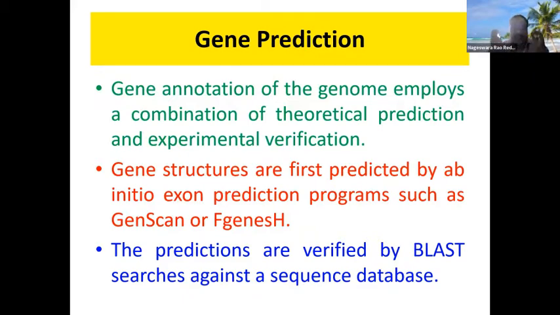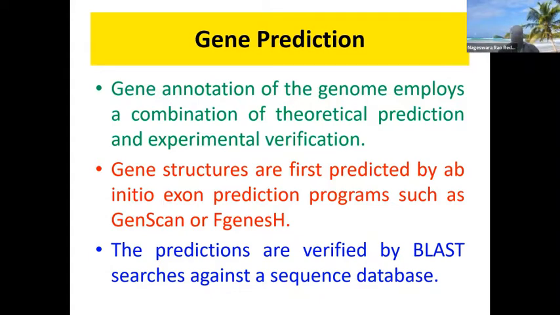First, theoretically, we should know what a gene is, and only then can you experimentally verify it. So first you have to predict a gene and then verify whether it is a gene or not. This uses 2 things: theoretical prediction and experimental verification.